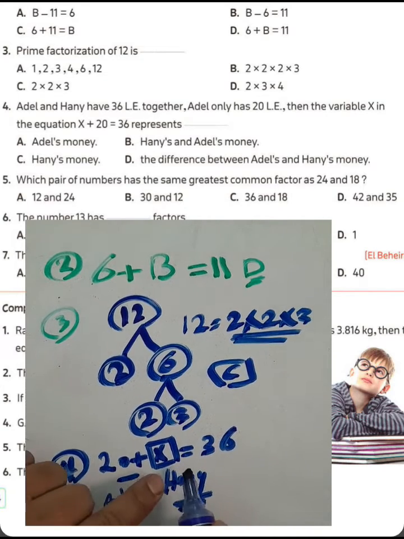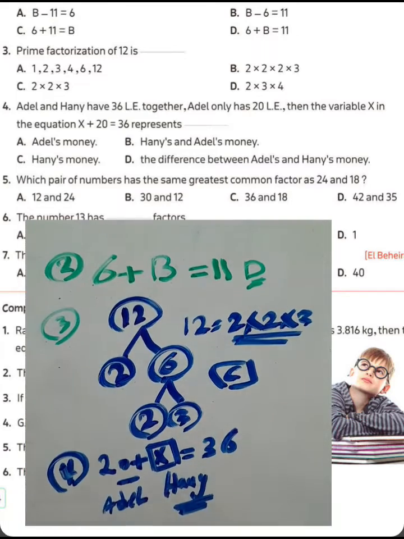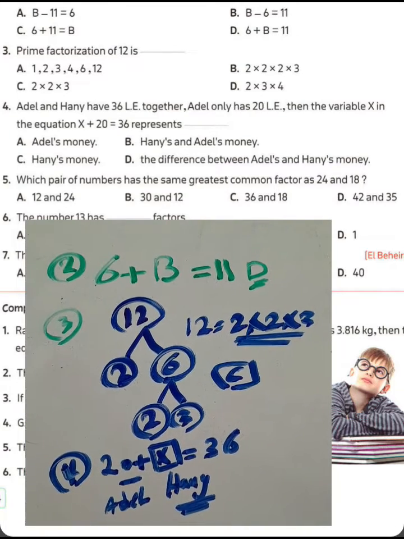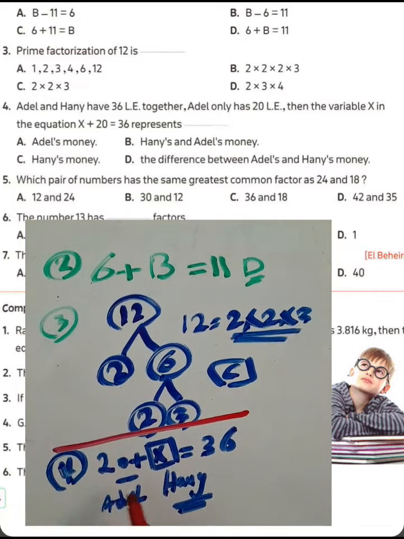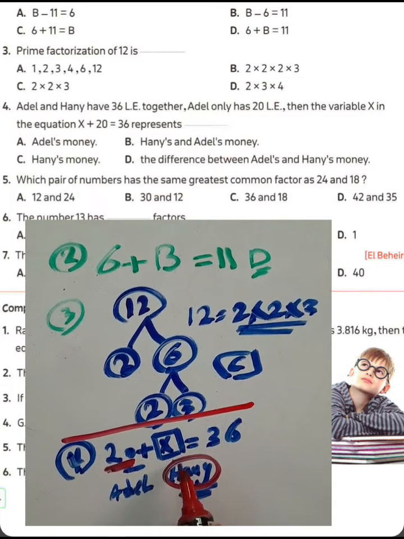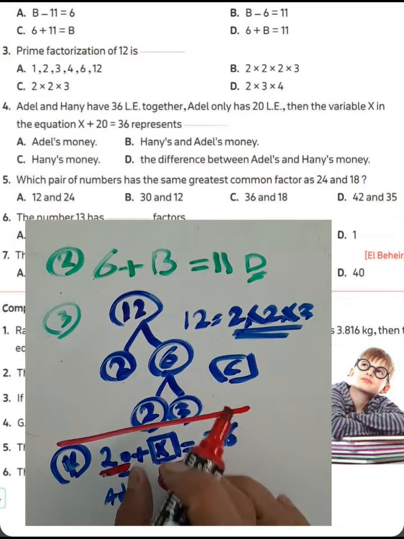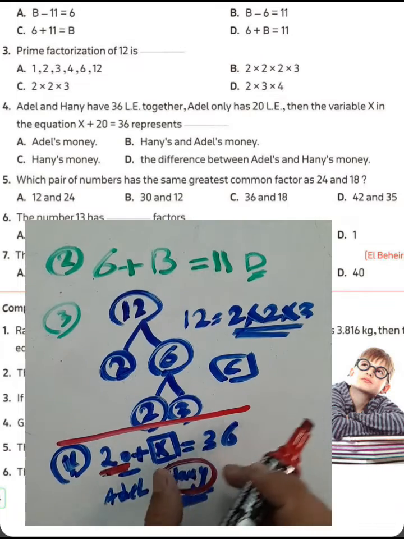So x here refers to Hani's money, because the total with them was 36 Egyptian lira, and they tell us Adil has 20 Egyptian lira and Hani will have what? x Egyptian lira.